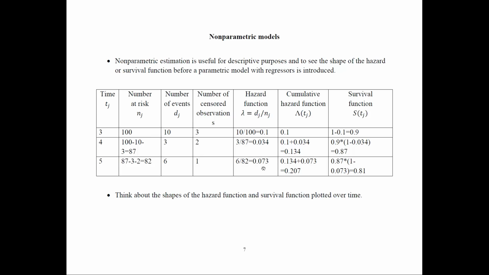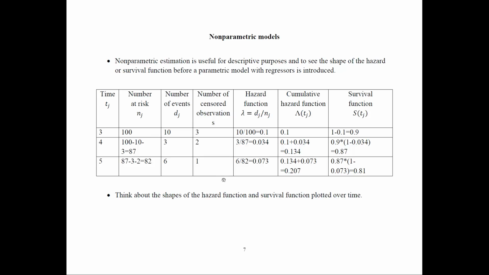Then the cumulative hazard function, you're just accumulating what we had before plus this period, and we have 0.27. And for the survival function, we have the survival on all the periods up until now times the survival rate for this period, which is 1 minus that failure rate. So we have 0.81. And so on.